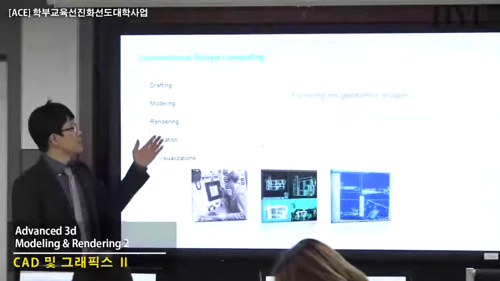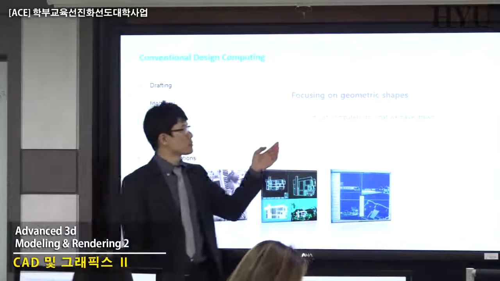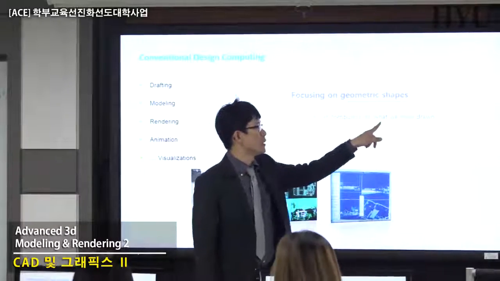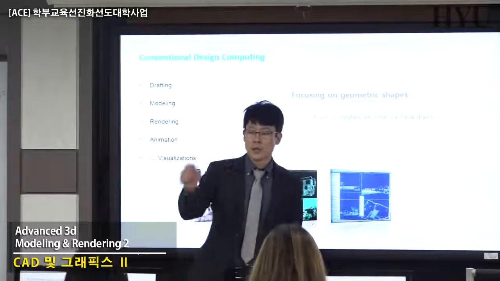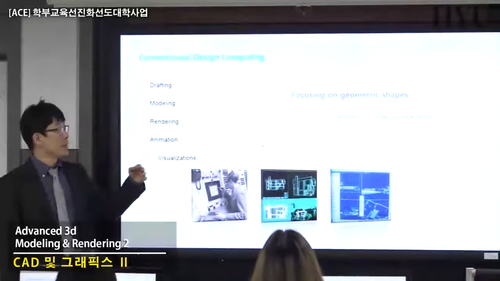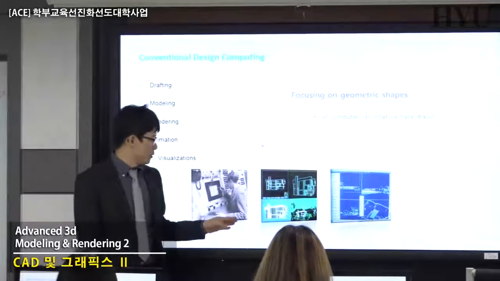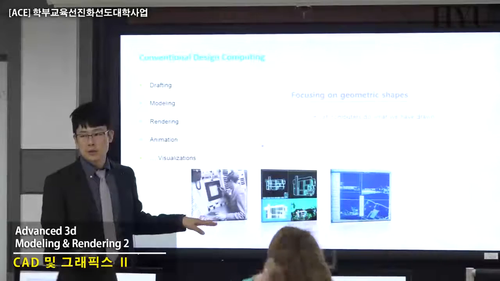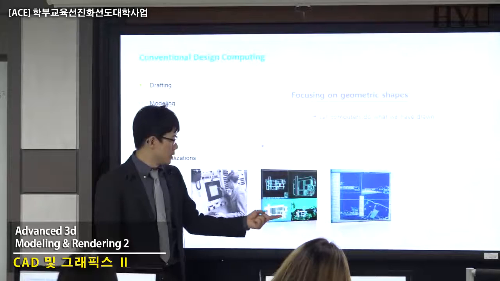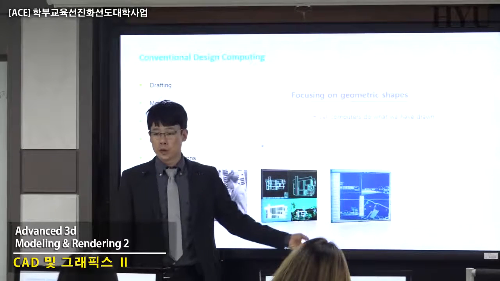So this is conventional design computing, conventional CAD. We have focused on geometric shapes. Let computers do what we have drawn. Instead of hand drawing, we let computers draw, okay? 50, 40 years ago, they looked like 3D Max or AutoCAD, SketchUp.